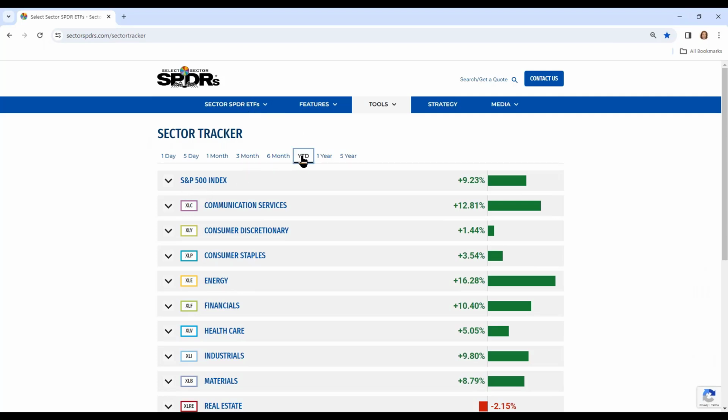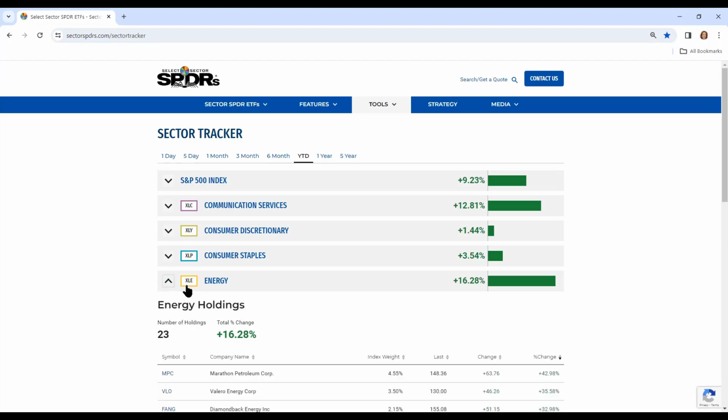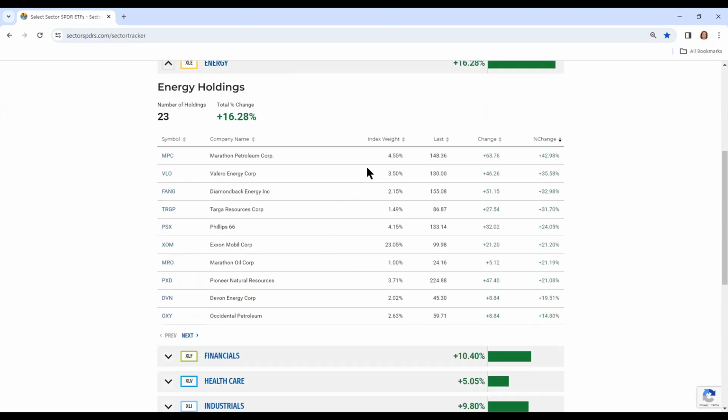If I go year to date and if I click on energy, I'm going to sort by index weight. So I want the highest index weight. What I'm going to show you is the top index weight stock of the sector. Now, if you look at the percent change, this is energy, the percent change is since the beginning of the year.